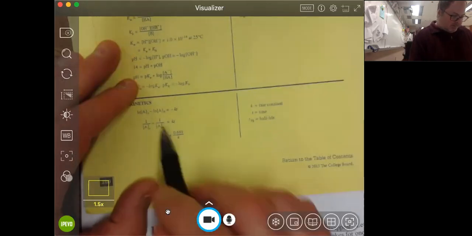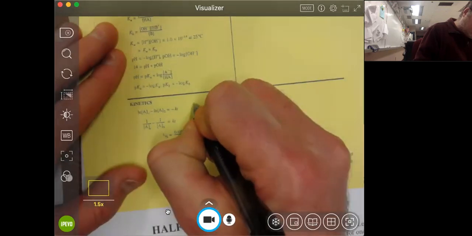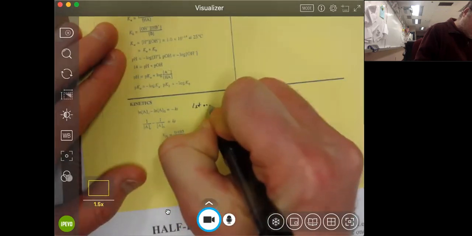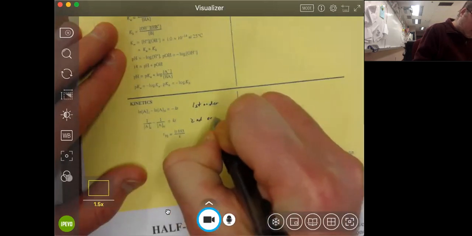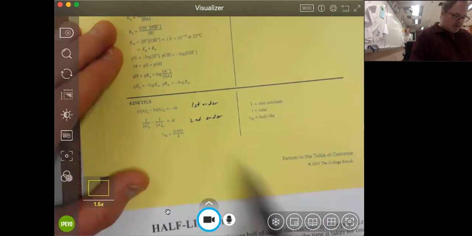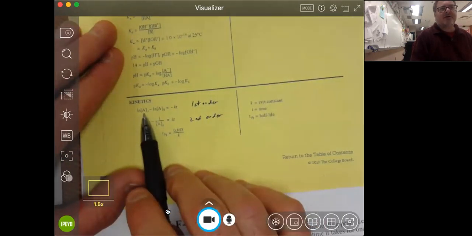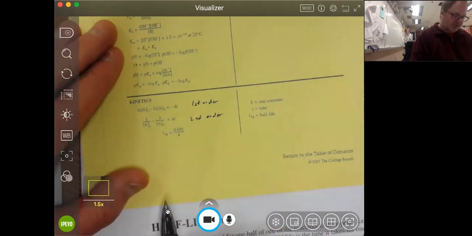So basically here you have the first order. And this is the second order integrated rate laws. A of F stands for final concentration. A of naught stands for initial concentration.